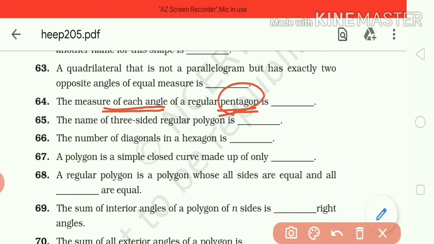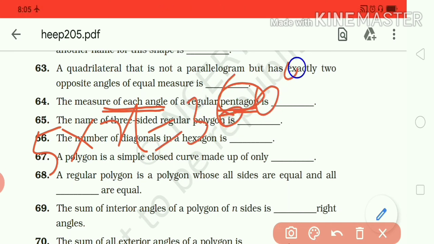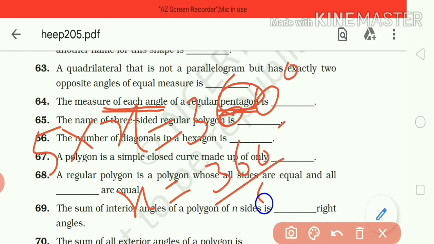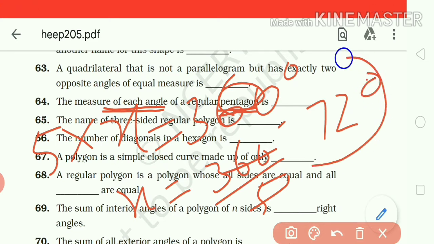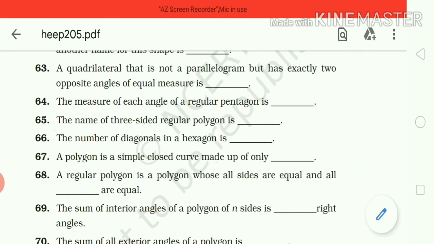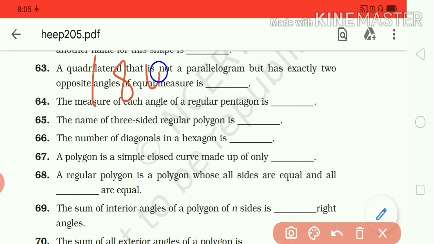You know that a pentagon has 5 sides, 5 multiplied by x, I am taking x as the exterior angle, equals 360 degrees, and x is equal to 360 degrees by 5. When you cut, it will go to 72 degrees, right? So this is the exterior angle. Now you can find the interior angle by subtracting the exterior angle from 180 degrees.